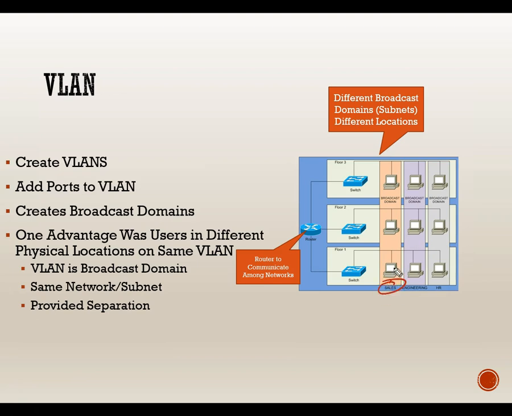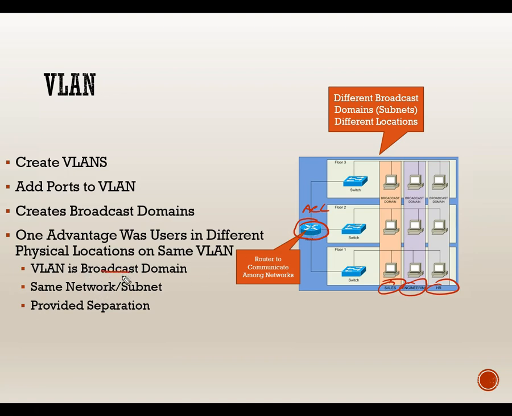So we had sales here, engineering here, HR here, all on separate VLANs, separate broadcast domains, connected together here by a router. So a router allows these guys to communicate with each other. The advantage here is we can have access control lists so that we can restrict traffic at layer 3 by having our VLANs and then using a router to connect the different networks together.